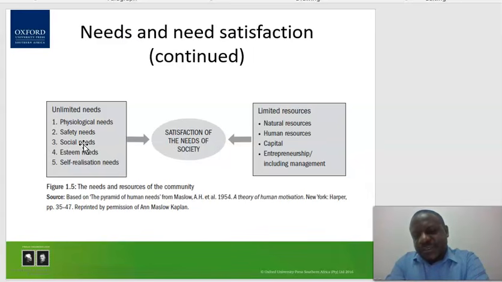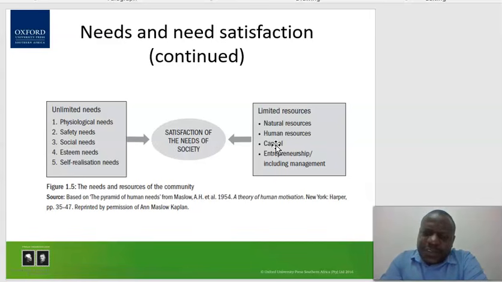So in terms of resources, we have natural resources. If we were to simplify it to factors of production, natural resources will basically refer to all those resources that you would refer to as land.